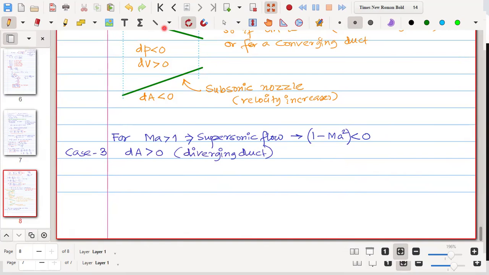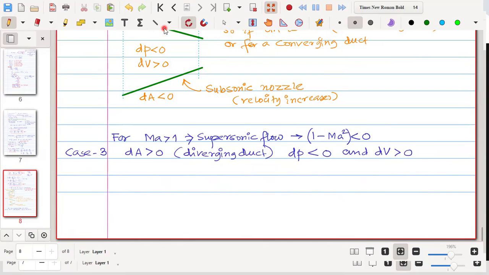Now, if dA increases, what will happen? dP will be decreasing. And always, if dP decreases, dV will increase. That is always true. Pressure and velocity are always in opposite variation. That does not depend on whether it is supersonic flow, subsonic flow, converging duct or diverging duct. Pressure variation and velocity variation are always opposite. That must be understood properly.